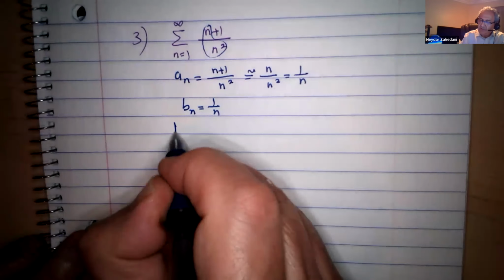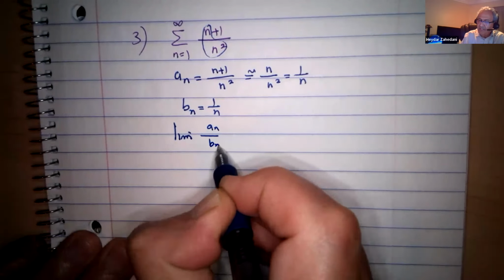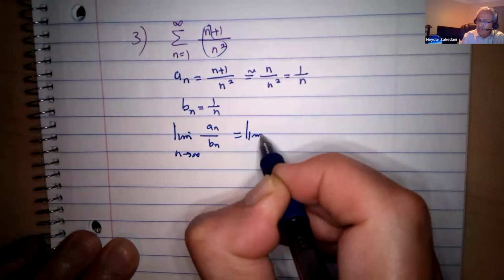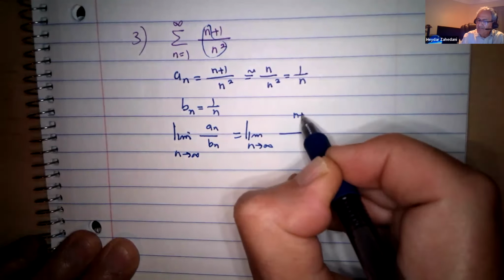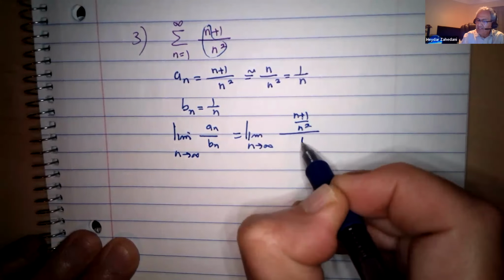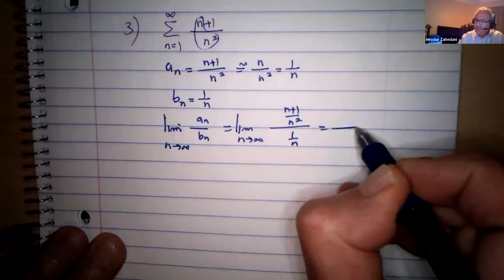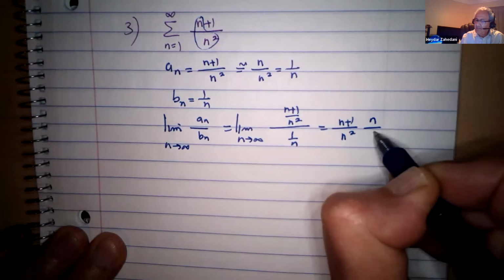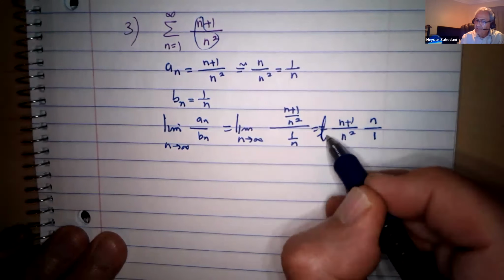Now take the limits to confirm it. Limit of an over bn, as n goes to infinity, is equal to the limit as n goes to infinity. an is n plus 1 over n squared, and bn is 1 over n. You write the first one, multiply by the reciprocal of the bottom one. You see, that's a limit.